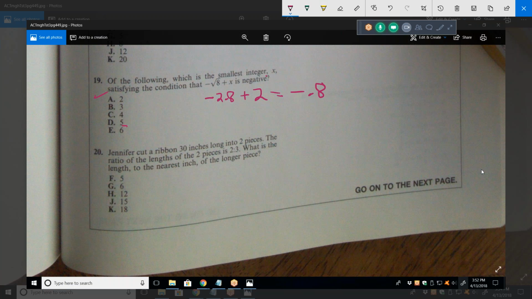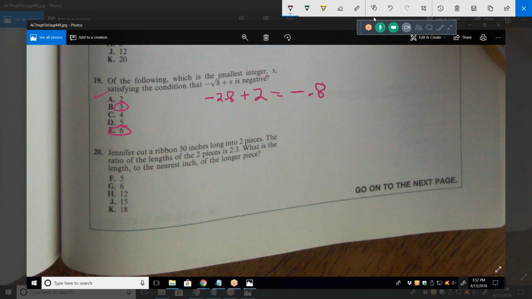If I would have started with 6, first of all, it wouldn't have worked. But even if it would have worked, I wouldn't have known it was the answer because maybe 5 works. That's why we have to start with the smallest.